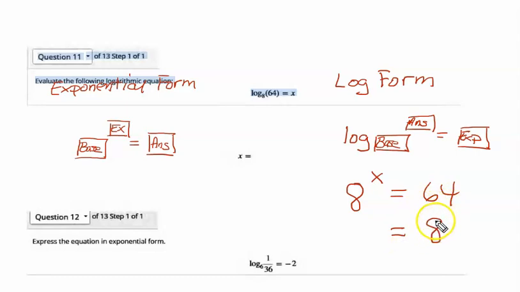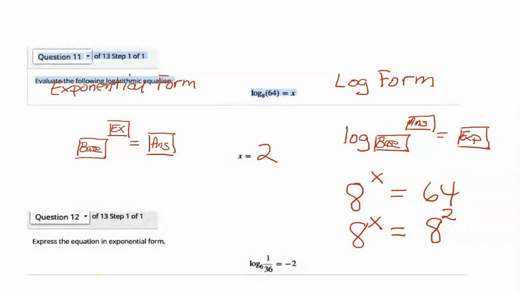And the answer is yes. 8 to the second is 64. So now we see, as we mentioned earlier, if our bases are the same, our exponents equal each other. So here x is 2. Or you could have looked here and said 8 to what power is 64? 8 to the second. All right.